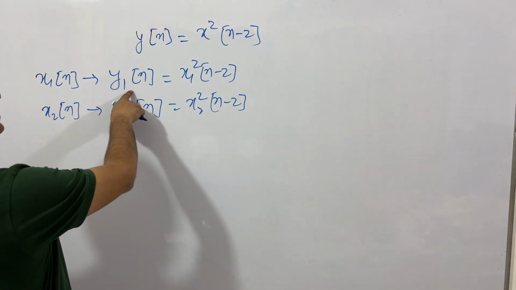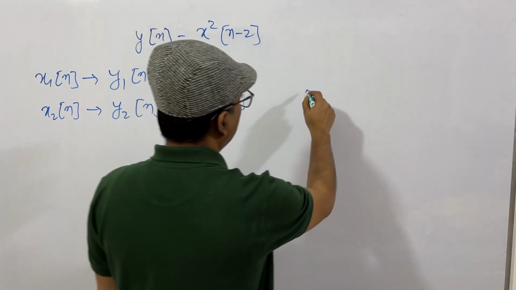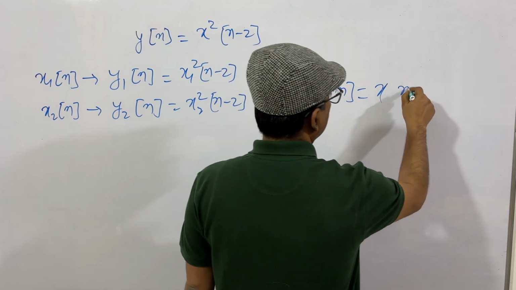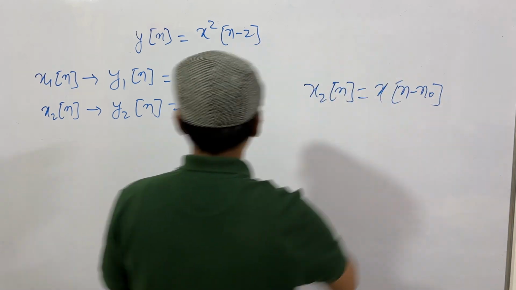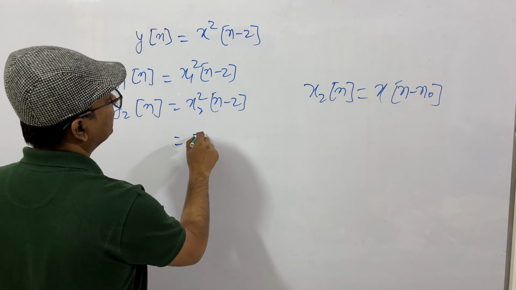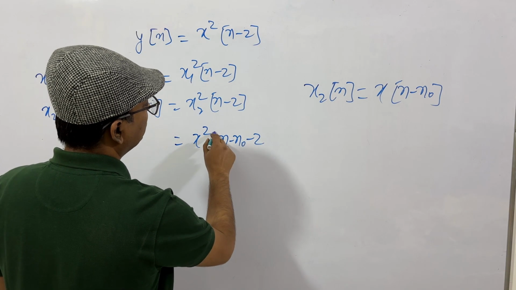For x1(n), it is this. For x2(n), it is this. Now, what if your x2(n) is basically x(n minus n0)? What will be the value? Then your y2(n) for this will be x square (n minus n0 minus 2).